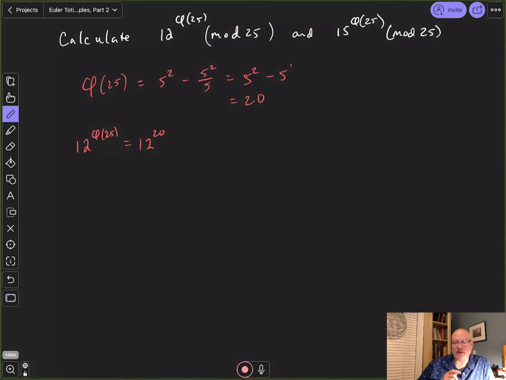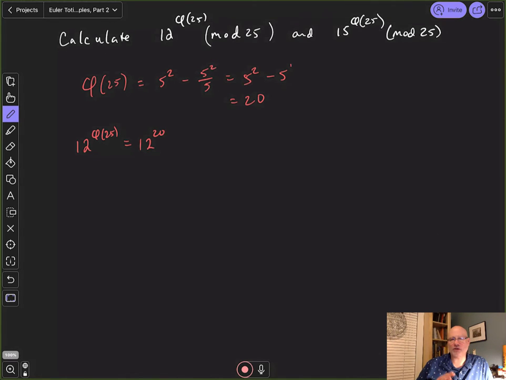The problem is that number is going to get big enough that the calculator will start rounding those integers, and it will go wrong. 12 to the 20th is not too big, so we might be okay, but if we get to any numbers bigger than that, forget it.